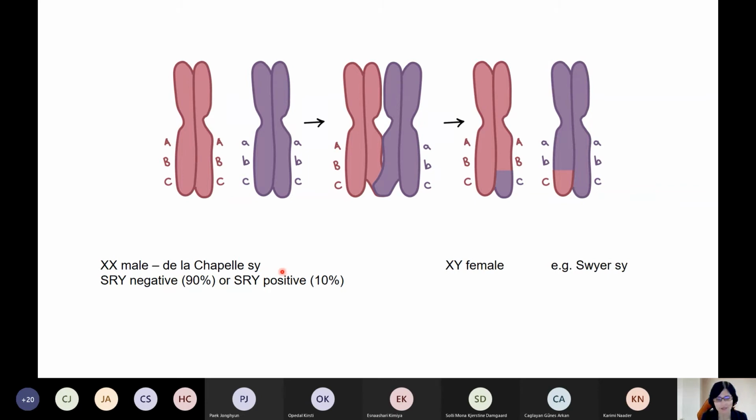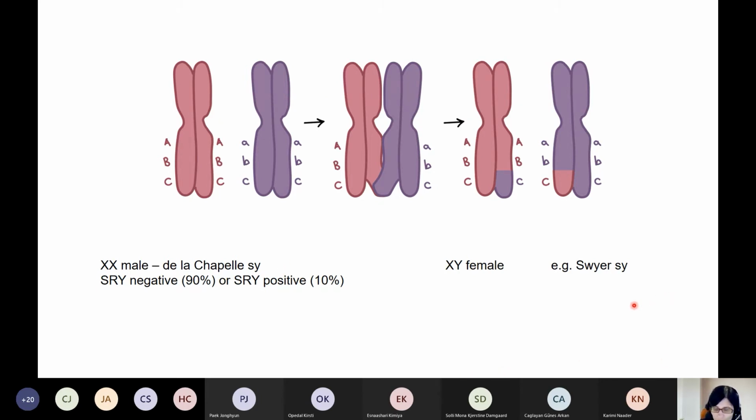In case of SRY negative cases, other genes are translocated, which play also a very important role during the development of the reproductive system of males, so testis development mainly.